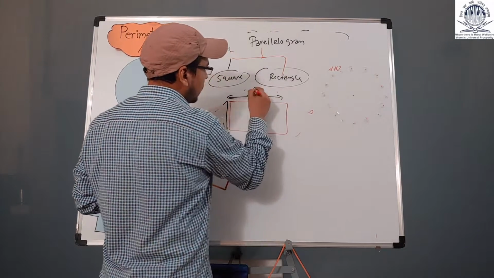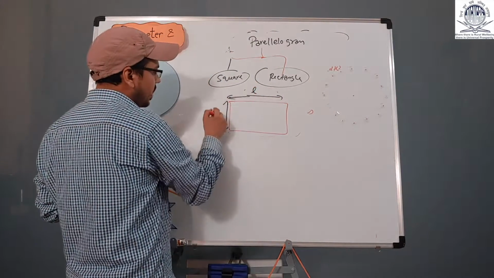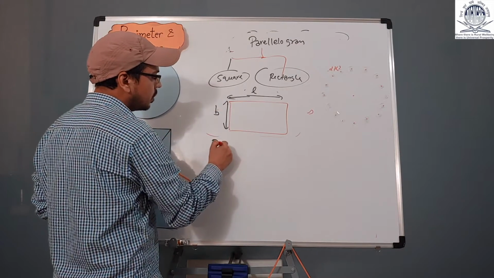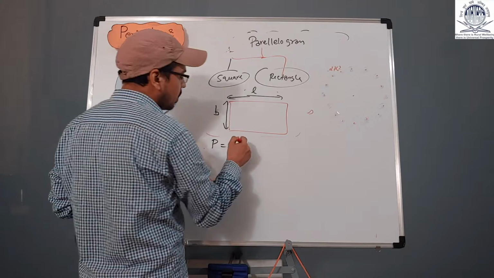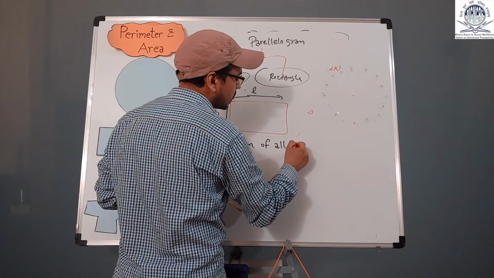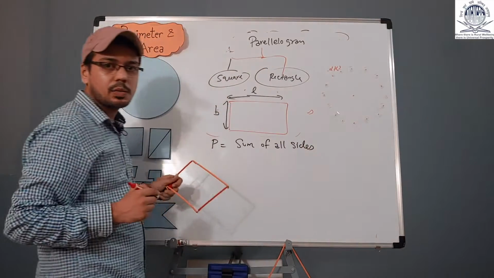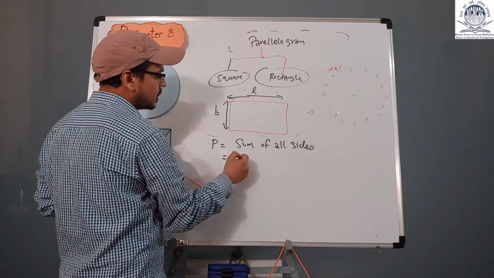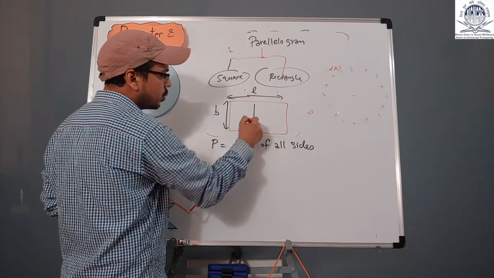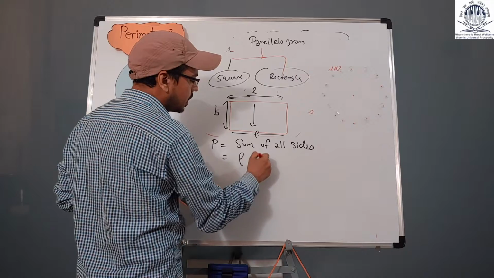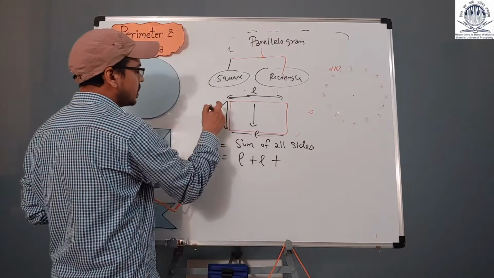If this is my L, that is length, and this is my breadth, the perimeter, as we know, is the sum of all sides. Now this is one length which is L, but the opposite is the same, so this is L plus L. And what is this? This is B.